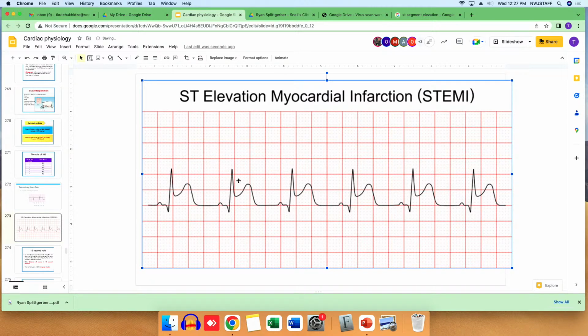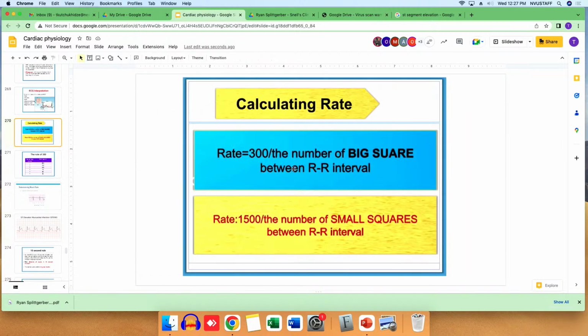Like, these are the R waves, right? We're having 1, 2, 3, 4 big squares. 75? Yes, 75. Because it's really easy to calculate, we are choosing 300 divided by the big squares between the RR interval, and 300 divided by 4 will be 75. Clear? Okay.